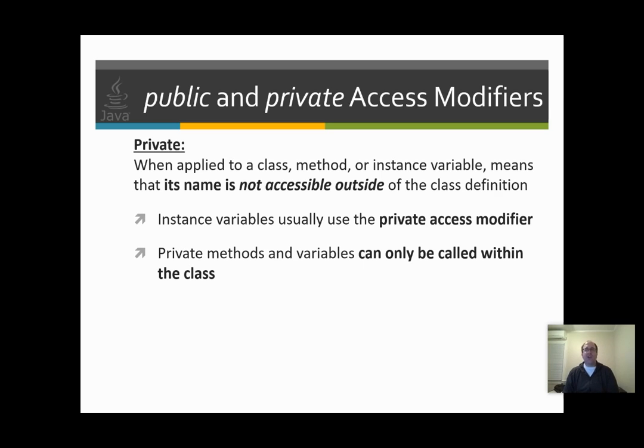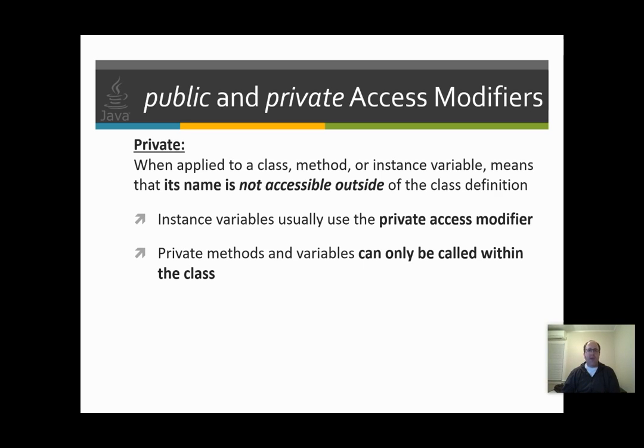Typically, we actually like this, and what we will usually do is declare all of the instance variables in our classes to be private variables. It's just good form to do that. So in reality, we're going to get in the habit now of declaring all of our variables as private and all of our methods as public. Some good form that we're going to take here.